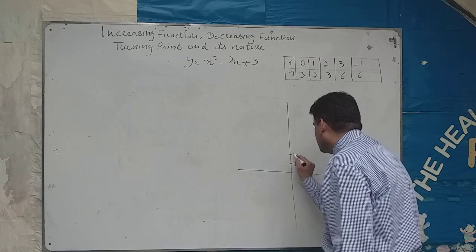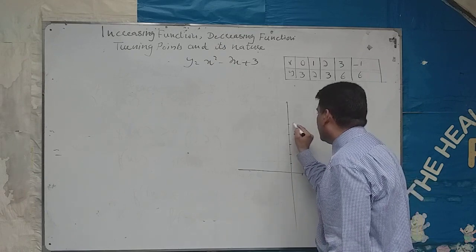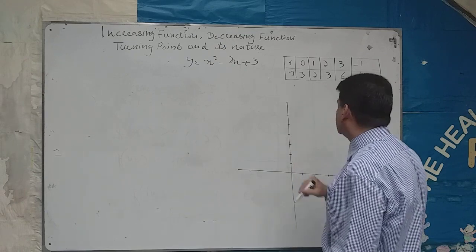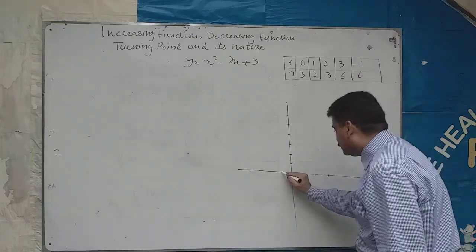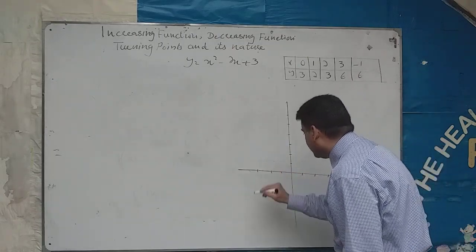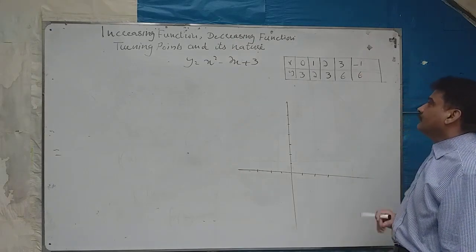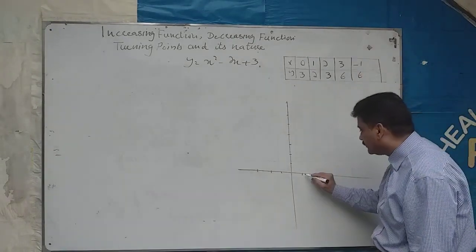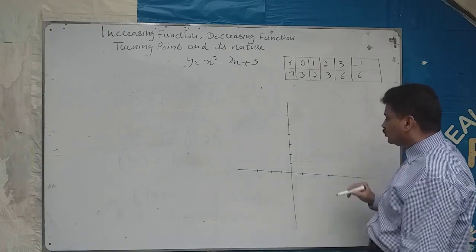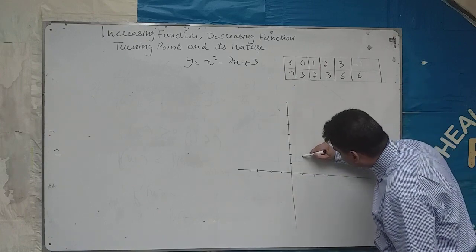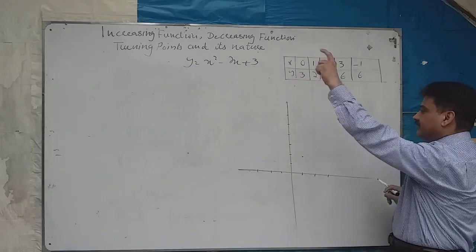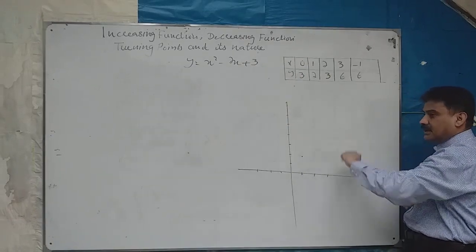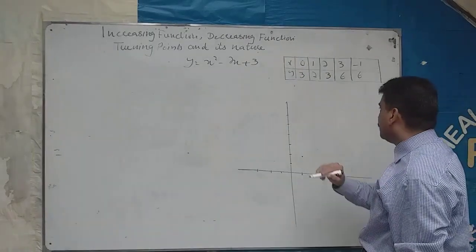Y is 1, 2, 3, 4, 5, 6, and so on. X is equal to -1, -2, -3, and so on. First we plot its turning point, which is (1, 2). When x is equal to 1, y is equal to 2. This is a point where, when you draw a tangent, it will become parallel to the x-axis. It is a turning point.